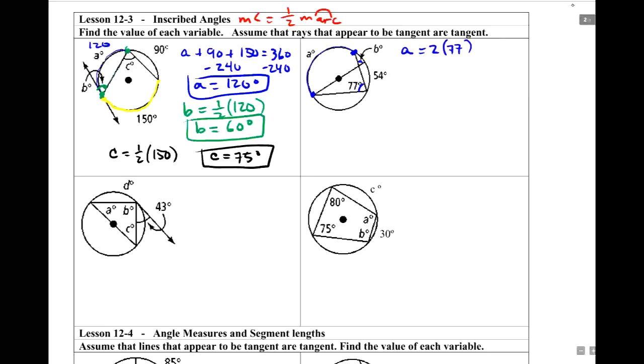So A is going to be 154 degrees. All right, so this is 154 over here. How am I going to find B?